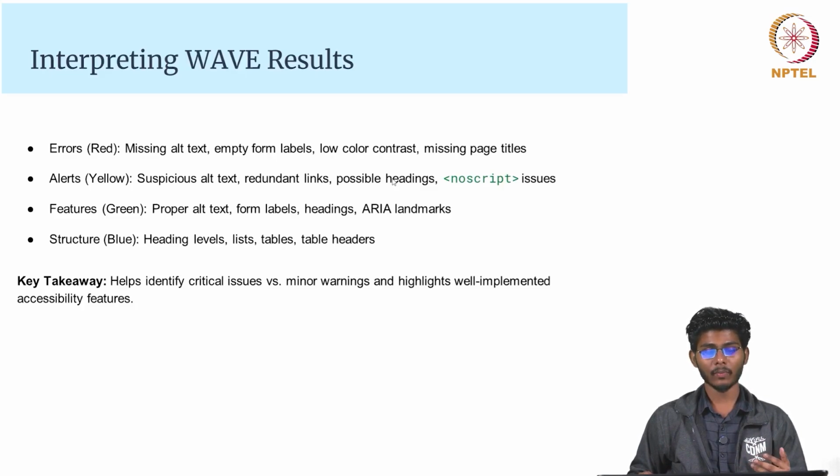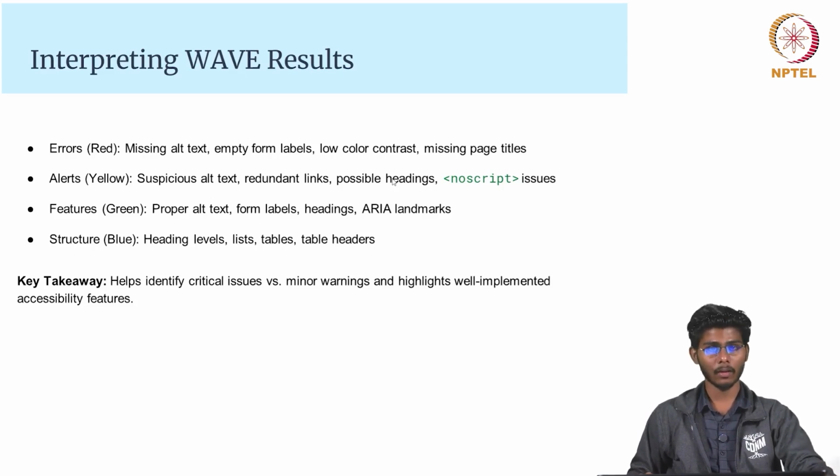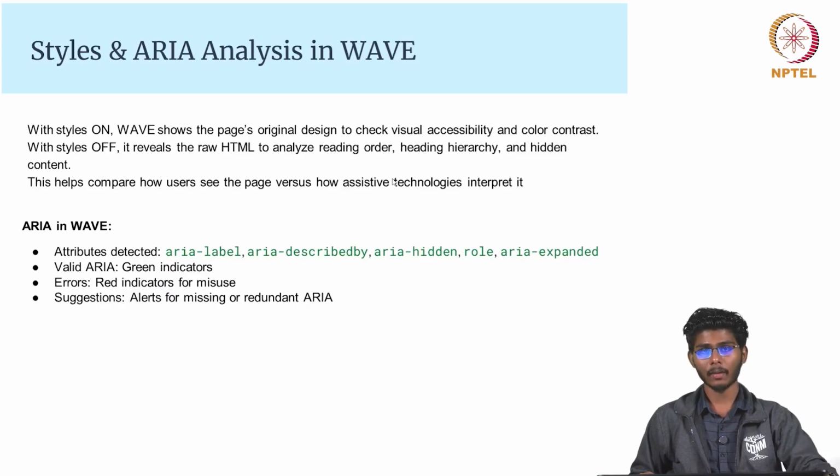Green means features that are properly arranged in the website. And blue is the structural component in the analysis report. We can opt for styles for a better visual view of the elements which are causing accessibility issues in the interface.